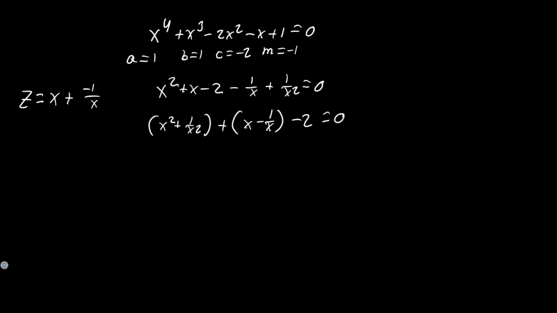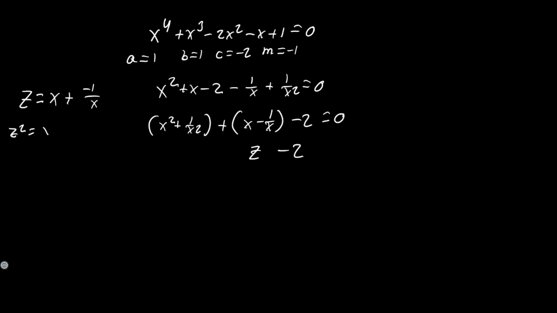So we could simply set this all equal to 0. Well, not this expression, but we could change x minus 1 over x with z. So we have z minus 2. And of course, we're going to square z.